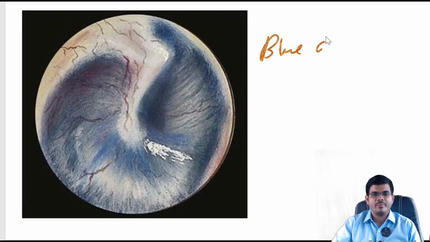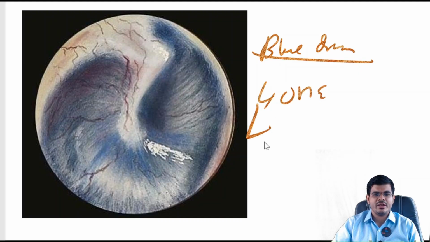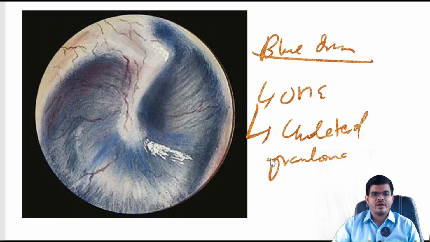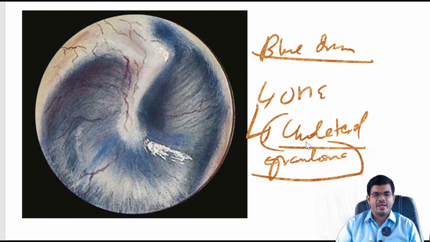The blue drum is not just associated with otitis media with effusion. It can also be seen in cholesterol granuloma. Cholesterol granuloma can occur due to deposition of cholesterol crystals in chronic otitis media, and this can also result in a blue tympanic membrane.